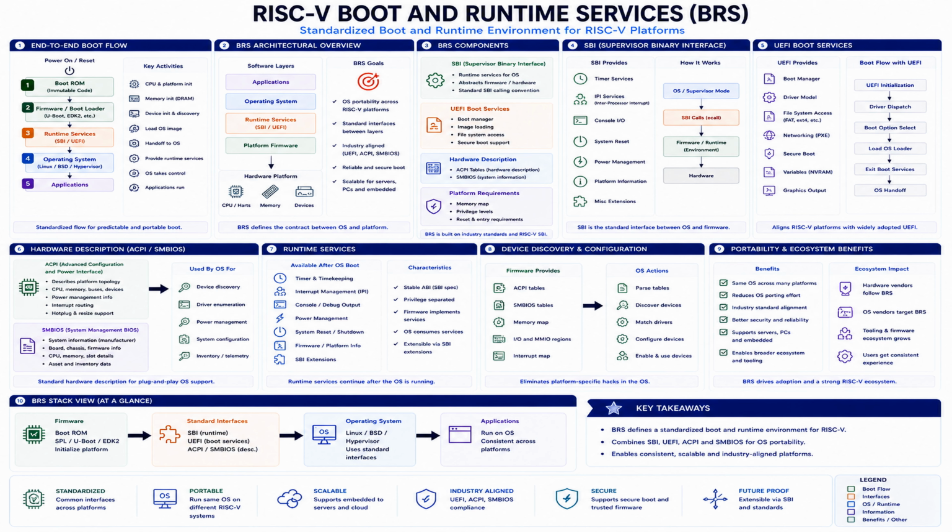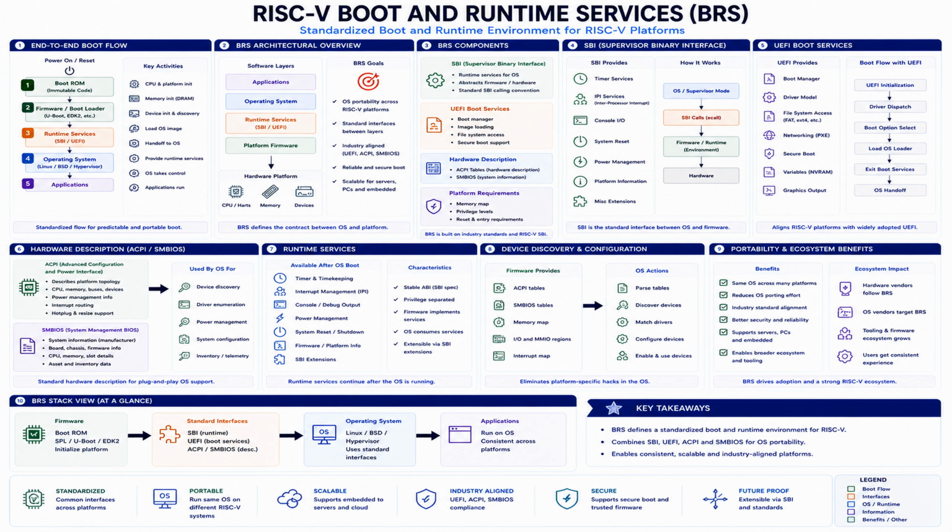As for ecosystem impact, it mandates hardware vendors follow BRS, OS vendors target BRS, tooling and firmware standardize, users get a consistent experience. So to sum it up, BRS enables scalable RISC-V ecosystem growth.